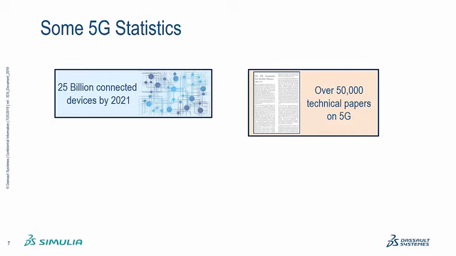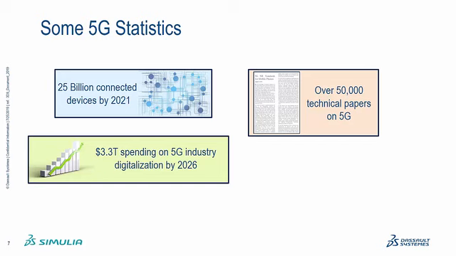Interestingly, there have been over 50,000 technical papers published around 5G, 30,000 of those coming from the top 4 vendors in the 5G space. So an awful lot of research and development going on around 5G standards and specifications and so on.